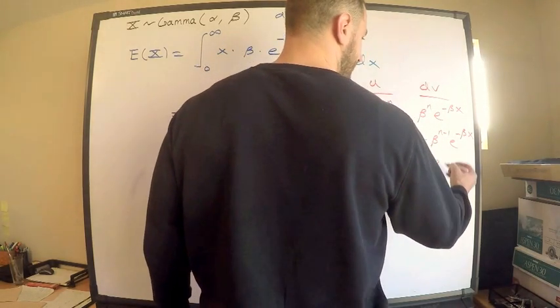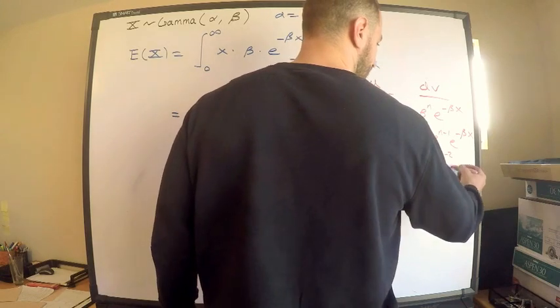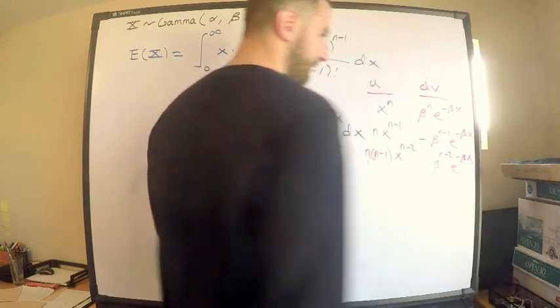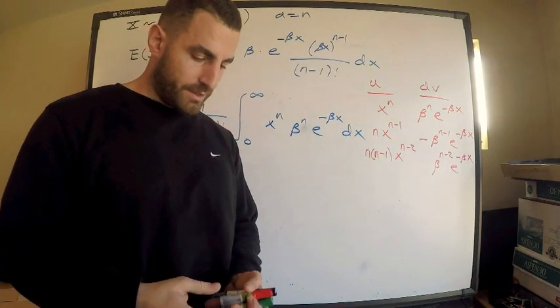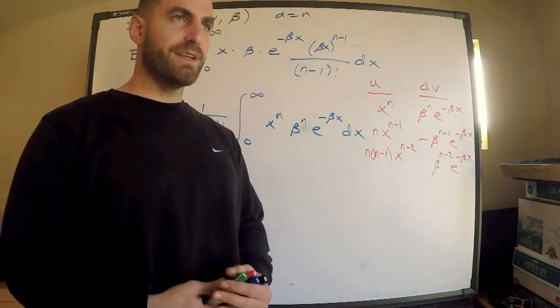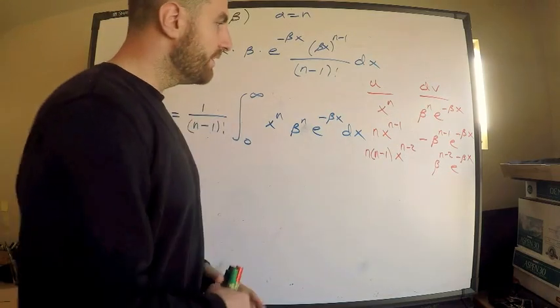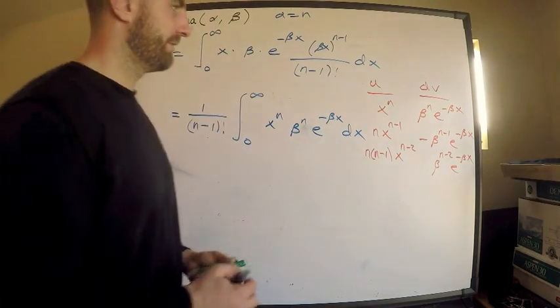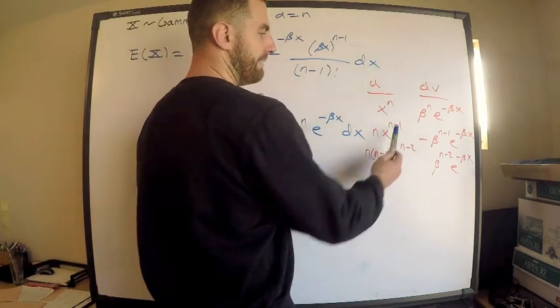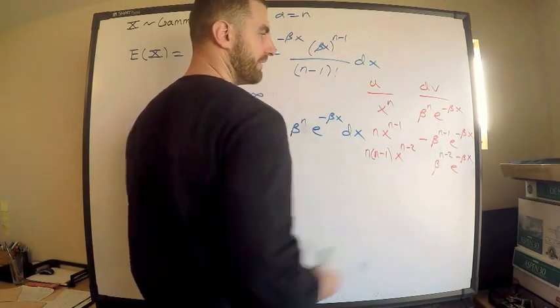And now this is going to be beta to the n minus 2 e to the negative beta x. I want you to observe something. A lot of getting through probability is pattern recognition. Notice the powers of beta and the powers of x. n minus 1, n minus 1, n minus 2, n minus 2.